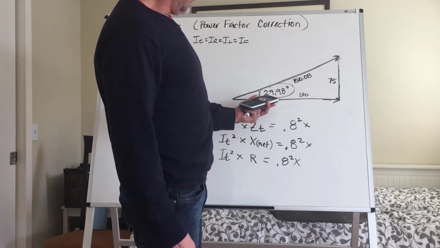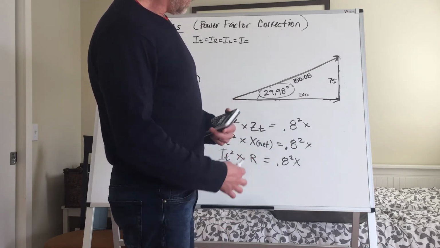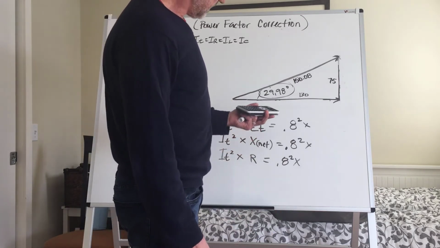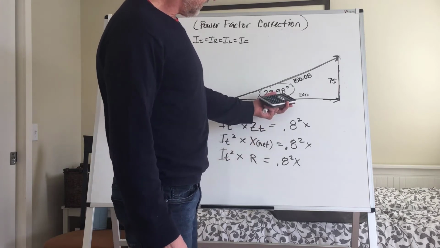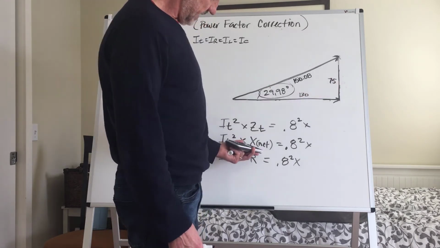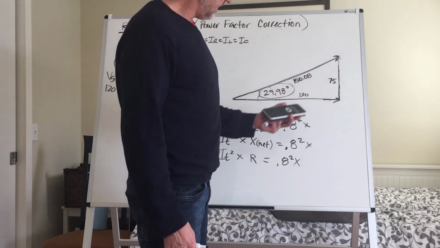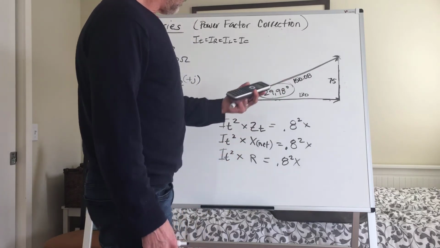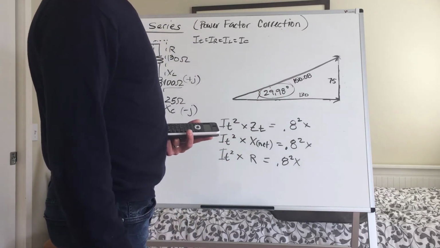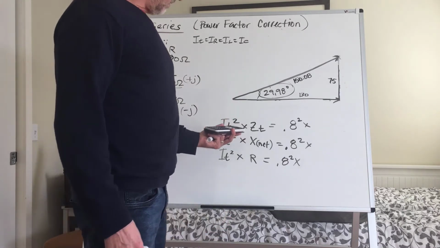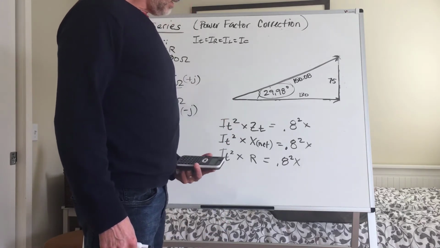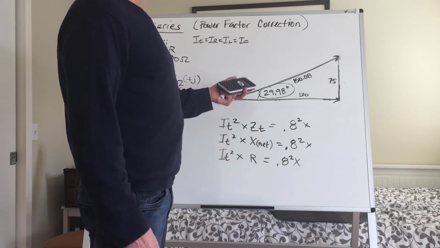But remember, the angle here in the impedance triangle is going to be the same angle for the power triangle. So what do we have here? We have a value of R, 130, a value of total X net, 75, and a value of total impedance of 150.08.